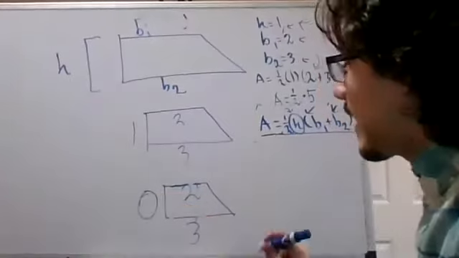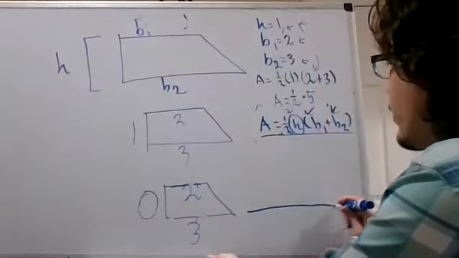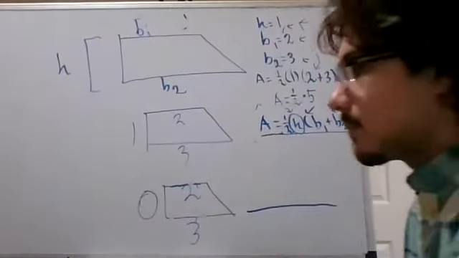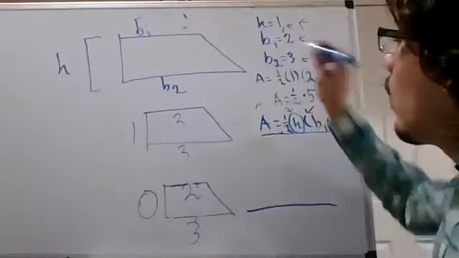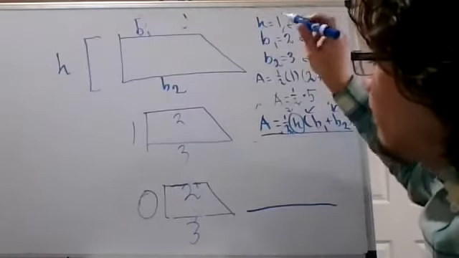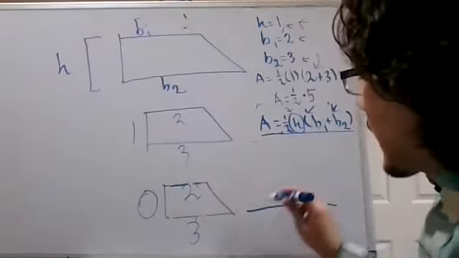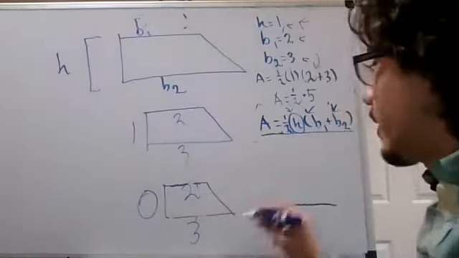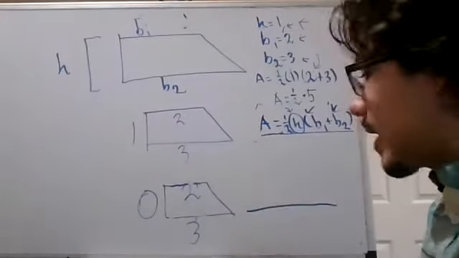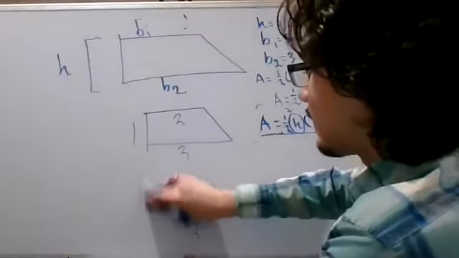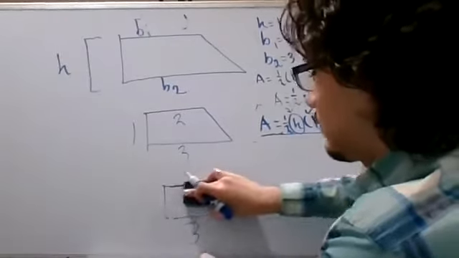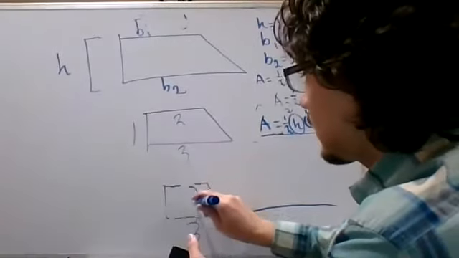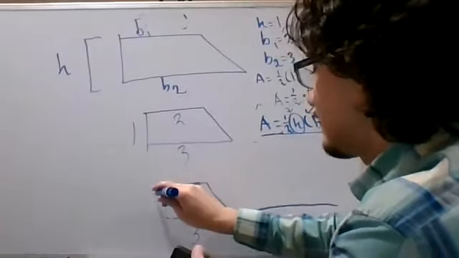So if we took the height and we made it 0, that means the shape would now look like this. What would happen if we took base 1, which is 2 right now, and instead of the height, we made base 1, 0. So the new trapezoid would look like this.